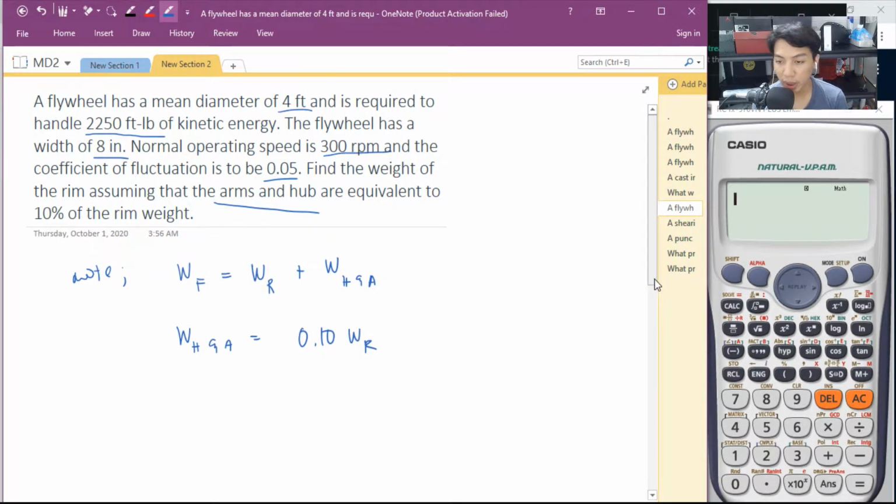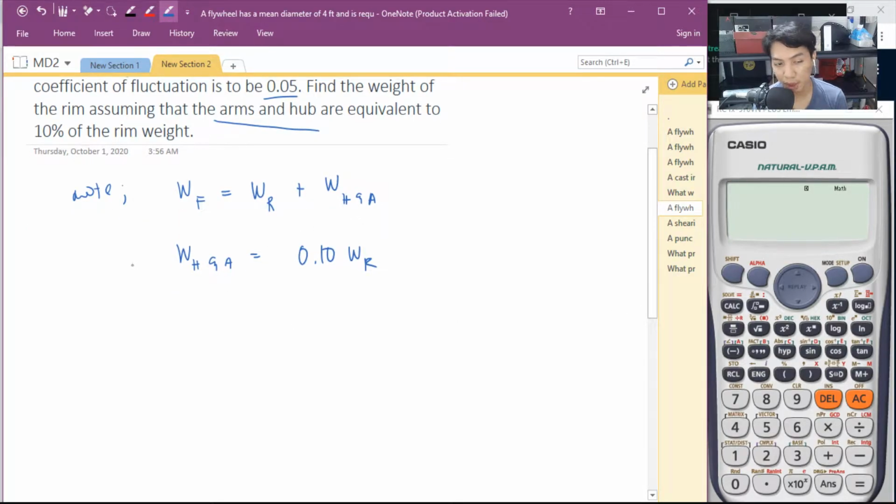So pwede na natin tong i-simplify, i-substitute natin siya dito. So the weight of the flywheel now will become yung weight ng rim plus 0.1 ng weight ng rim. We factor out yung same variable. Now the weight of the flywheel will become 1 plus 0.1 multiplied to the weight of the rim. O, ito na yung working equation mo dyan.